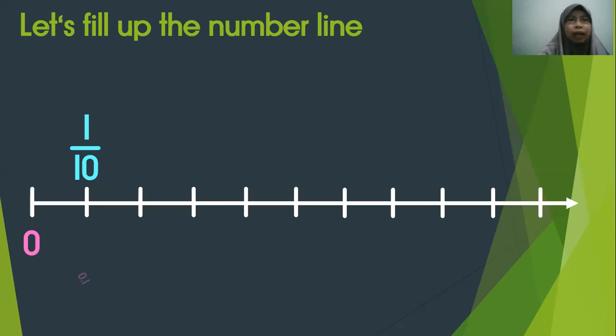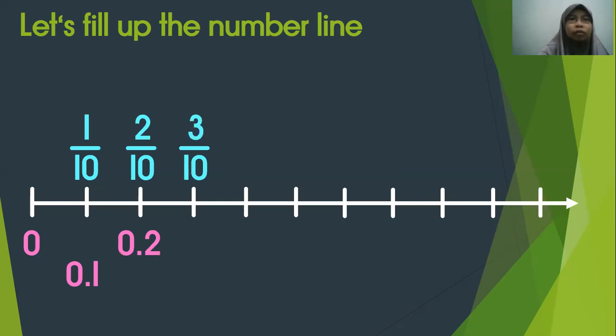So we write as 0.1. Okay, next, 2 over 10. So the answer is 0.2. Next, 3 over 10. So 0.3. Okay, 4 over 10. So we write as 0.4.